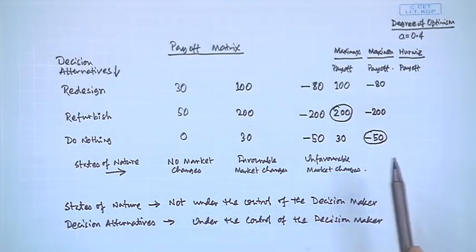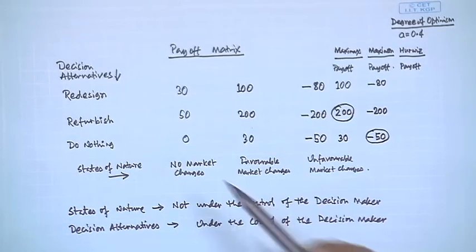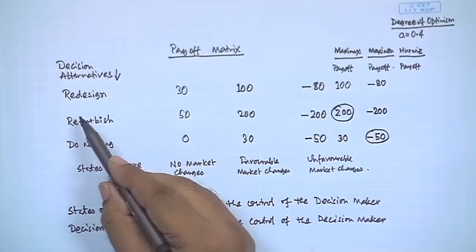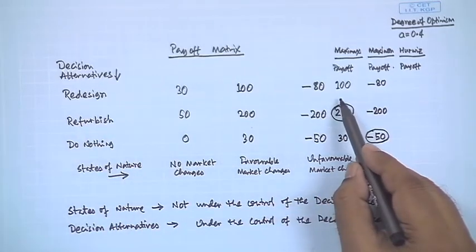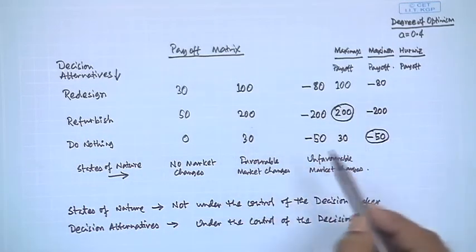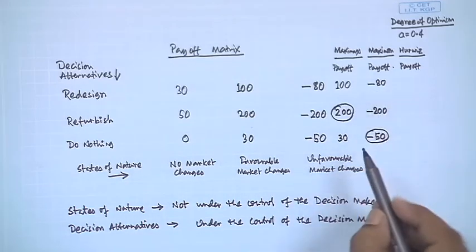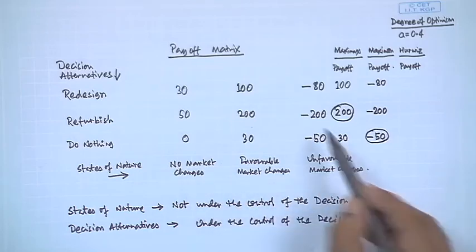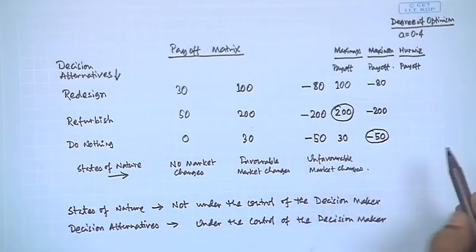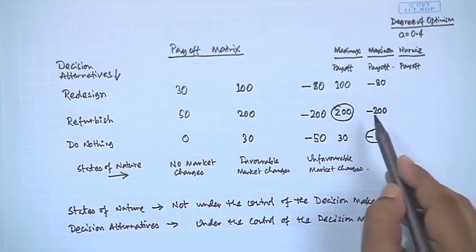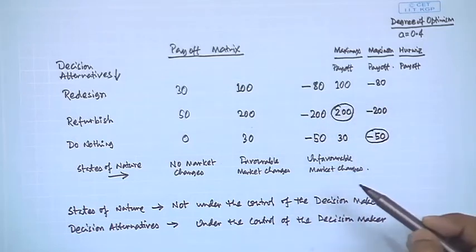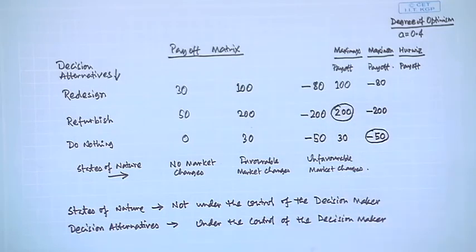So if that is so, then an optimist, if he goes for redesign, expects a payoff of 100, while a pessimist would like to have a payoff of minus 80, because the pessimist would believe that the worst state of nature would happen. But the person who is, let us say, 40% optimist and 60% pessimist, what would be the payoff?